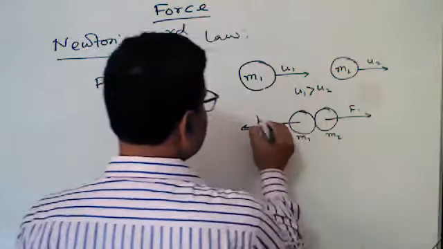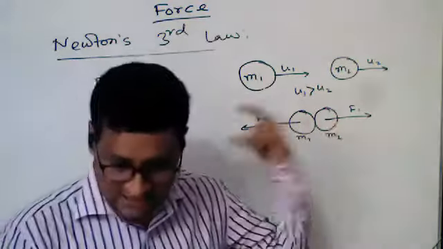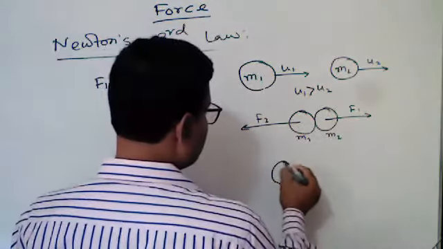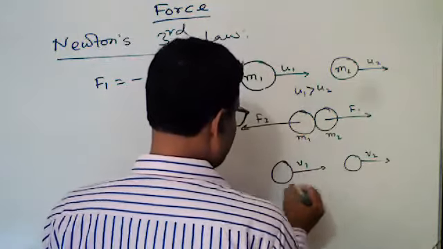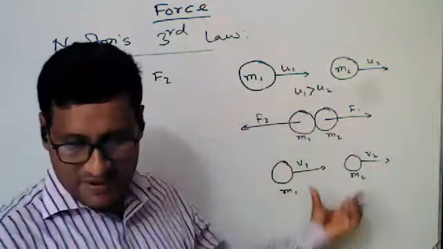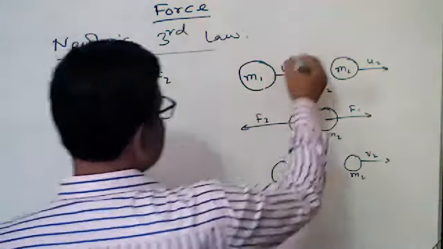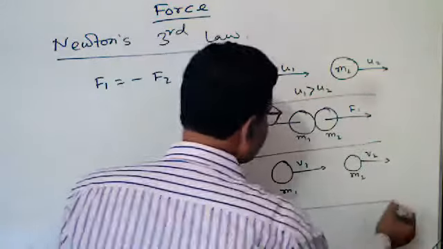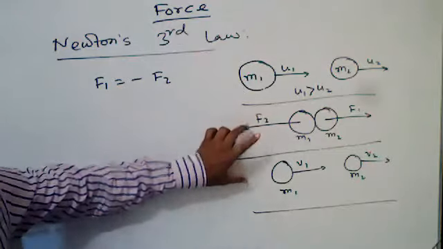So it will be F1, and this will be F2. After time t, they collide, and after that they move in the same direction with velocities v2 and v1. The size of the object will be equal. So this is before collision, this is at the time of collision, and this is after collision.